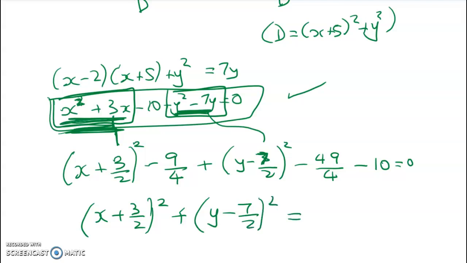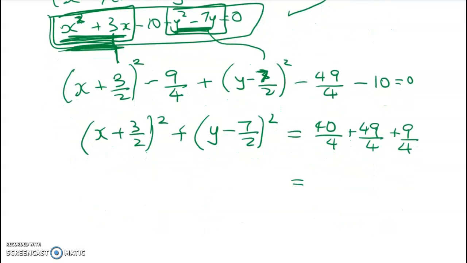And the radius squared equals 40 over 4 plus 49 over 4 plus 9 over 4, which is equal to 98 over 4. We can simplify that, can't we? That can divide by 2, so that gives me 49 over 2.